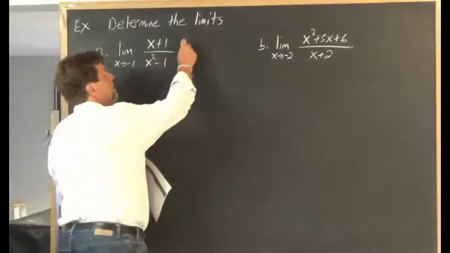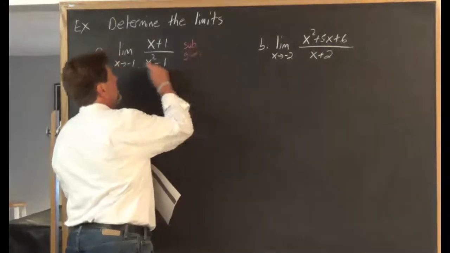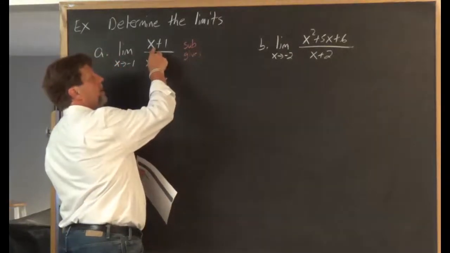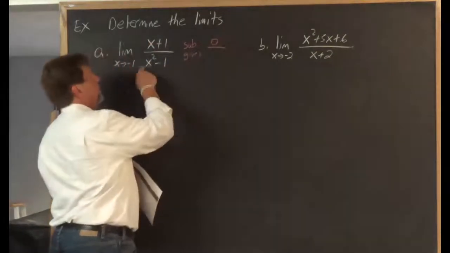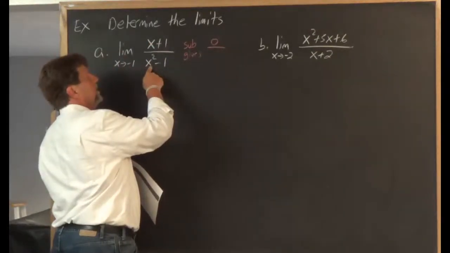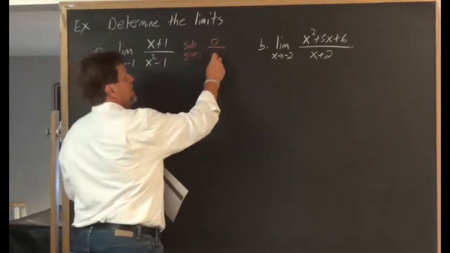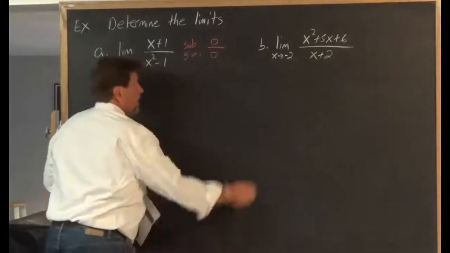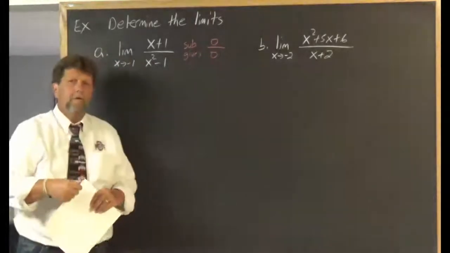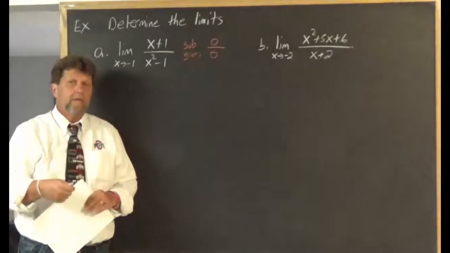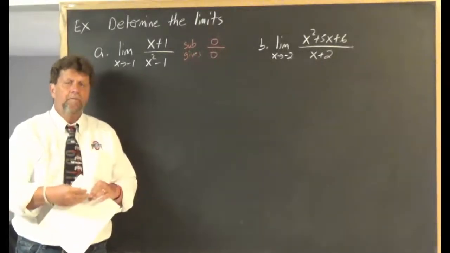So we try substitution, and -1 comes in for x, -1 plus 1 is 0. -1 comes into the denominator, -1 squared is 1. 1 minus 1 is 0. Substitution produced the indeterminate form 0 over 0. So substitution did not initially work.